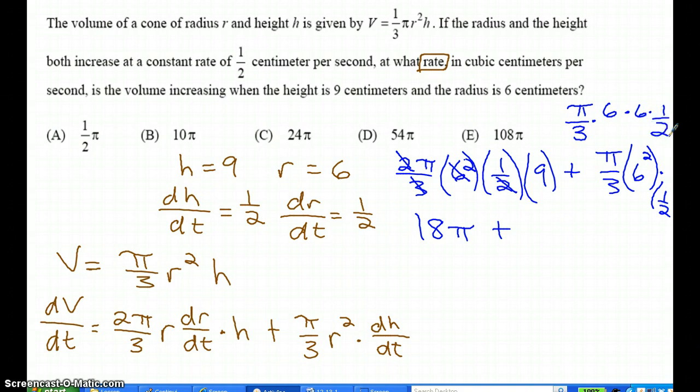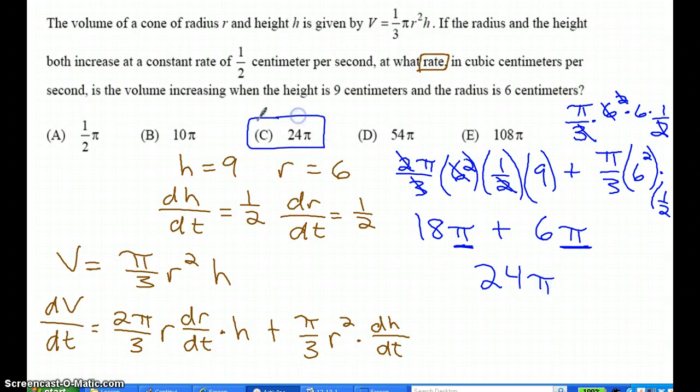Okay, so 6 divided by 3 is 2, and also 2 divided by 2 is 1, so I'm just left with 6 pi. Pi acts like a variable here, since these are like terms now. This is 24 pi. C. So if you need to watch that part where I did the math to see how you leave pi alone, watch that a couple of times and just kind of let it sink in.